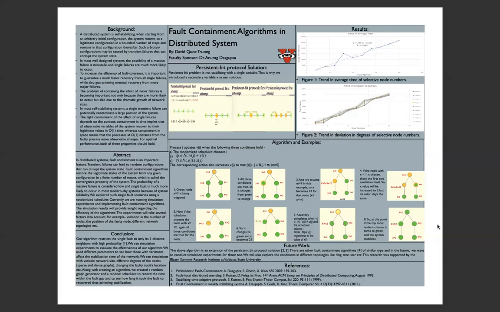If you look at the spike in the first picture, figure 1, you see that there was some error, but overall, I ran the test over 100 times in order to get accurate results. And you can see that the trend is that it keeps rising. Figure 2 demonstrates the trend in the degrees of the selected node numbers, and you see that it too has linear results as well.